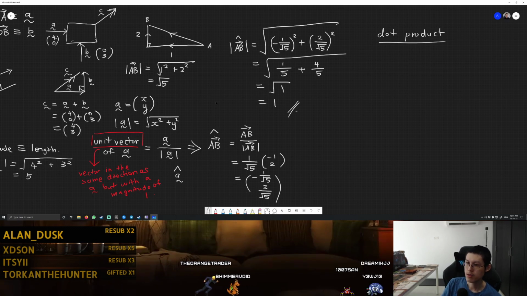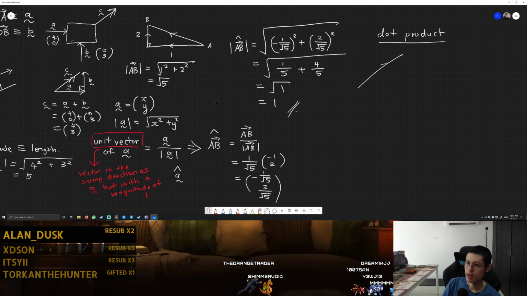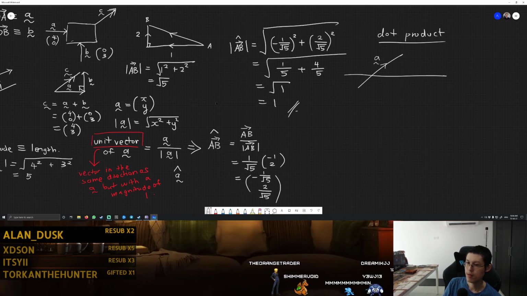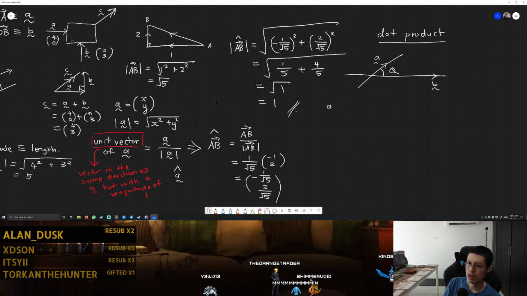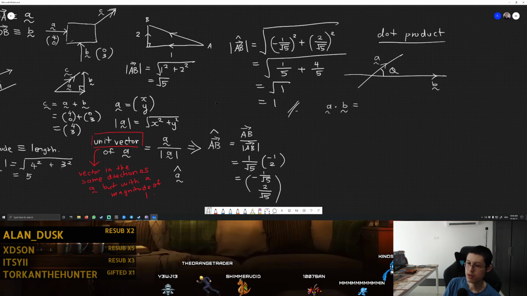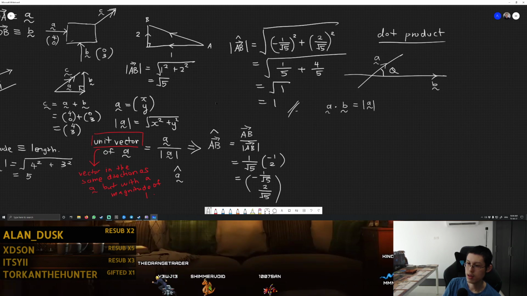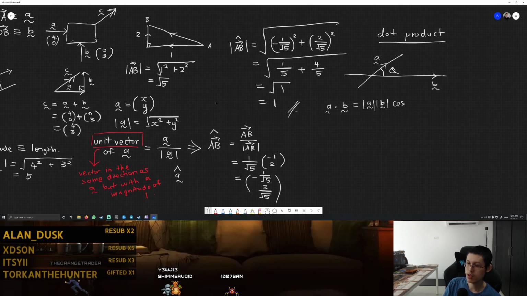Let's say I have 2 vectors, A and B, and they intersect like this, and you can see that they give us some angle theta. So if I take A and I dot it with B, I'm going to get the magnitude of A times the magnitude of B times cos theta.